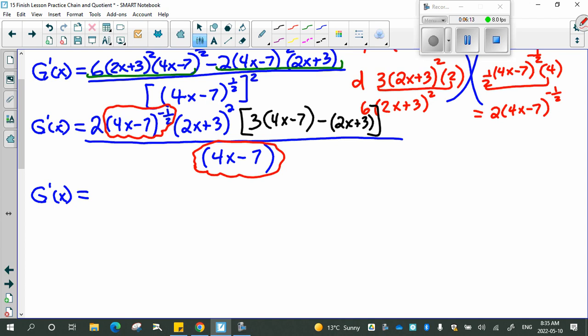Okay, so all we've got left to do, we've got to divide our clues, we've got to distribute and collect, okay? And then see if there's a common factor at the end.